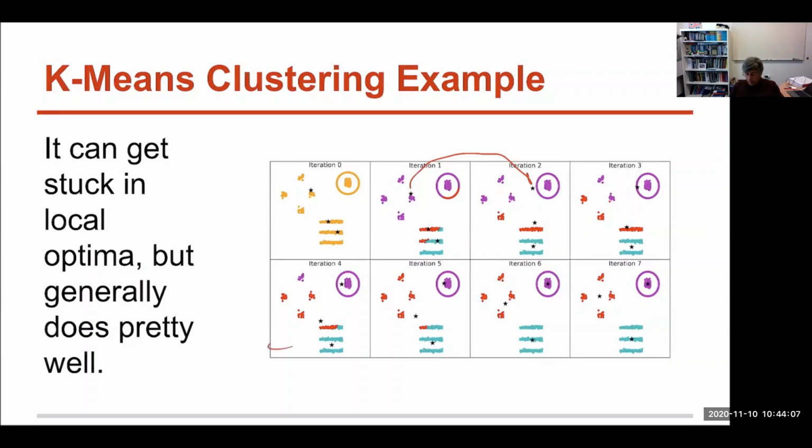After a certain number of iterations, the points finally settle to a place where they define the 3 clusters that we think of as natural. Any questions? There's no guarantee with k-means clustering that you find the best possible clustering. But in general, it does a pretty good job of this kind of thing.